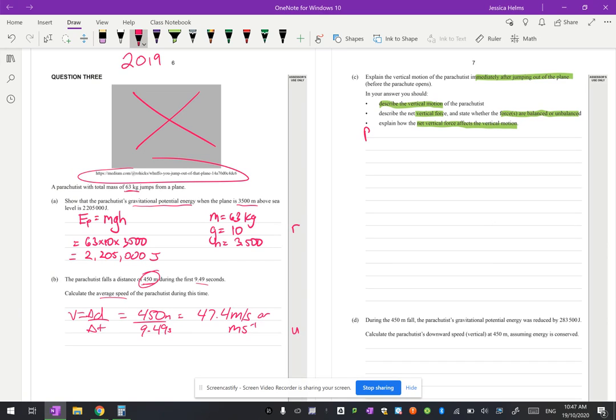So the parachutist will have the downward weight force acting on them, and an upward air resistance force acting on them.